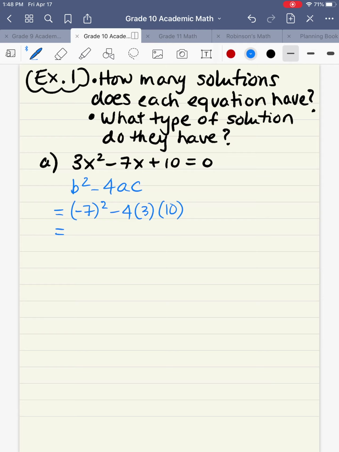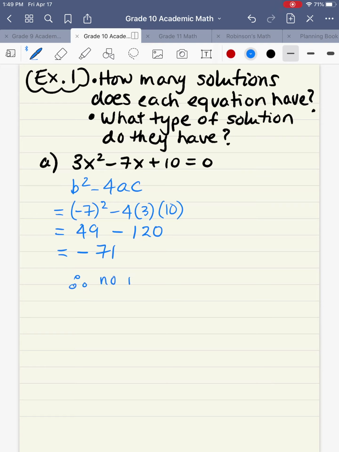Negative 7 squared gives us 49, and 4 times 3 times 10 gives us 120. So we end up with 49 minus 120, and this gives us negative 71. So in this case, we have no real solutions or no real roots because the discriminant is negative.